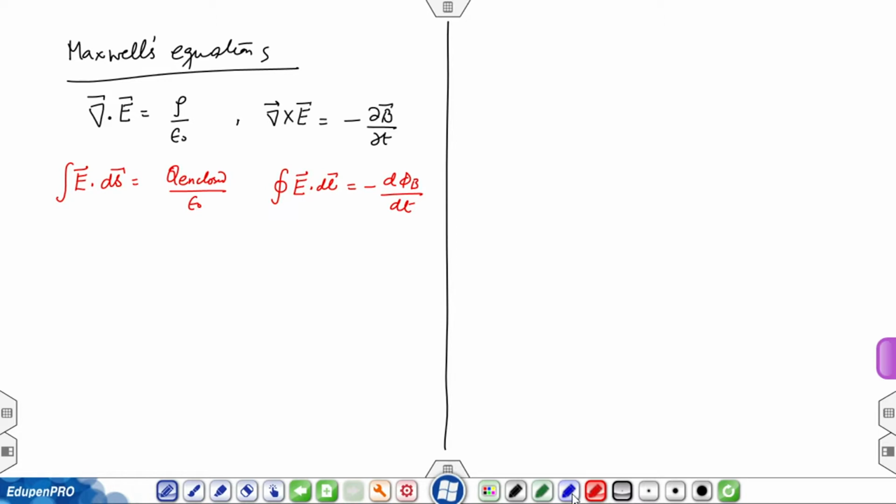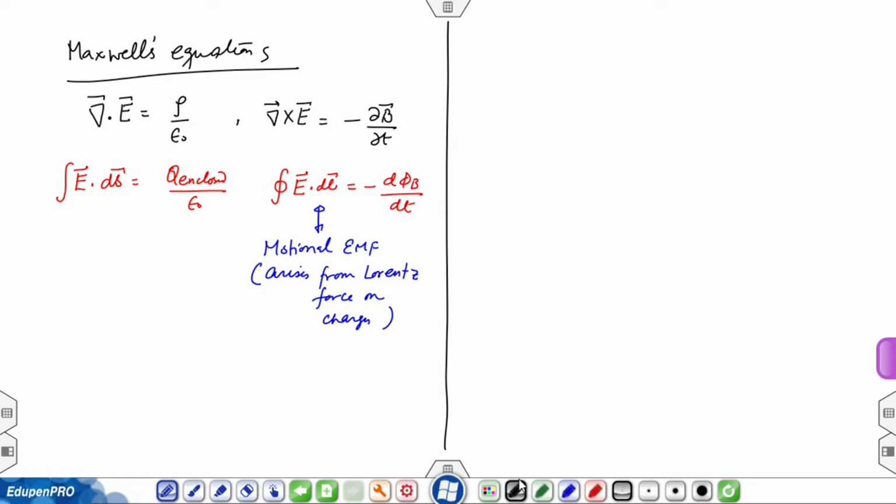Related to this is also something called the motional EMF, which arises from Lorentz force on charges. So, these are the first two Maxwell's equations.